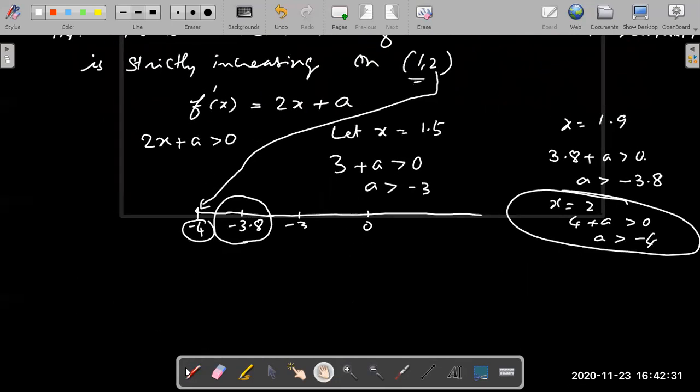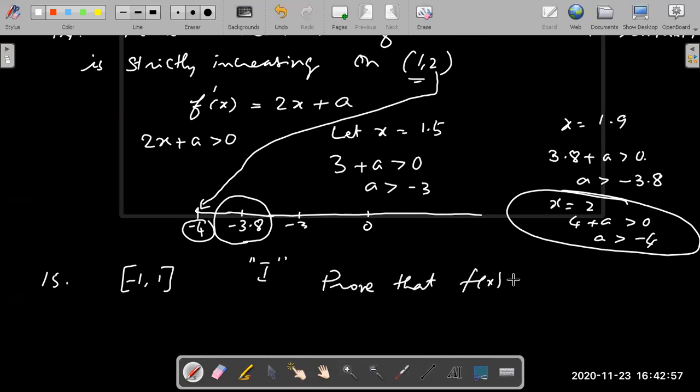Okay. Next question, 15. I is an interval disjoint from minus 1, 1. So excluding this, there is another interval I. On this interval, we need to prove that f of x equal to x plus 1 by x is strictly increasing.